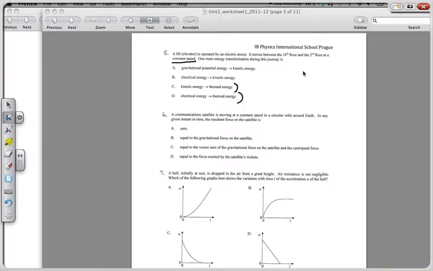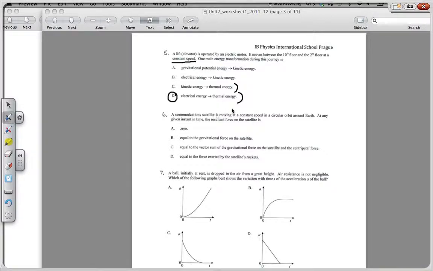So the kinetic energy is remaining constant, so it's not giving any energy from the kinetic, so it must be D. Electrical energy from the motor is being used to cause that to stop. There is going to be thermal energy.